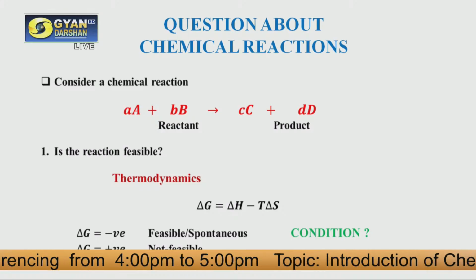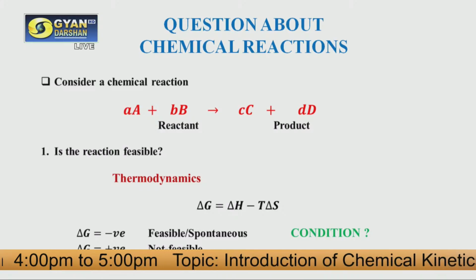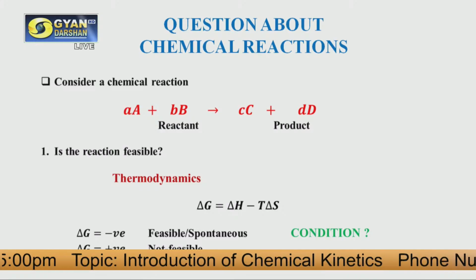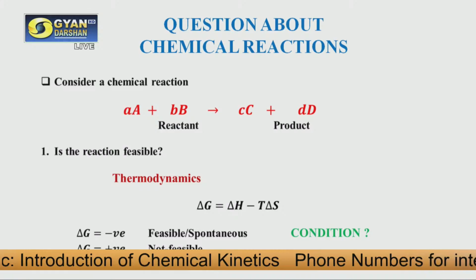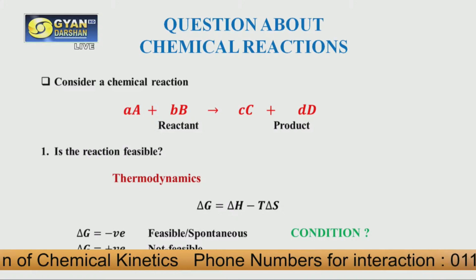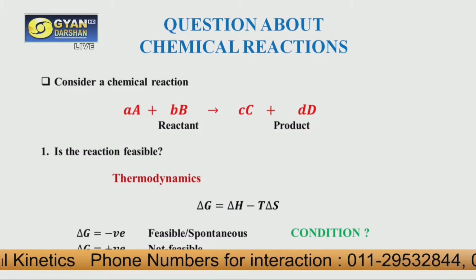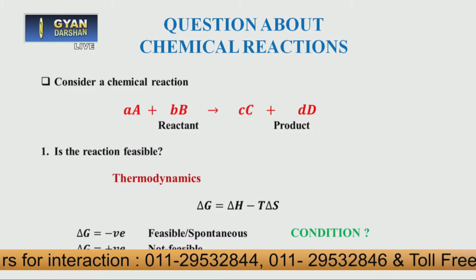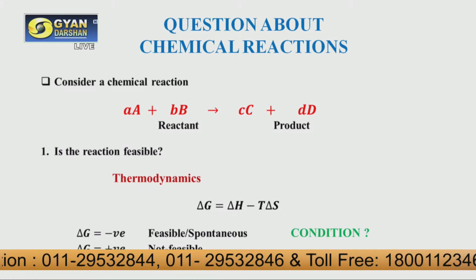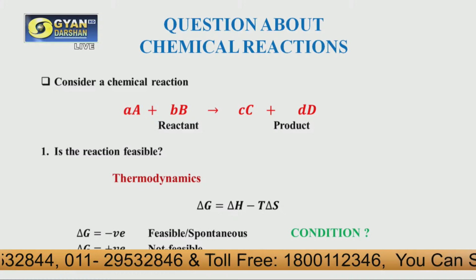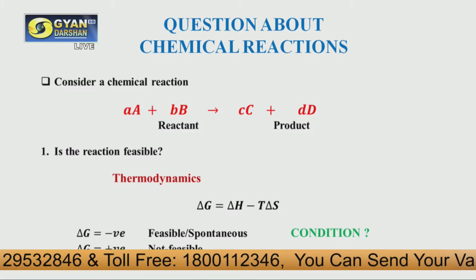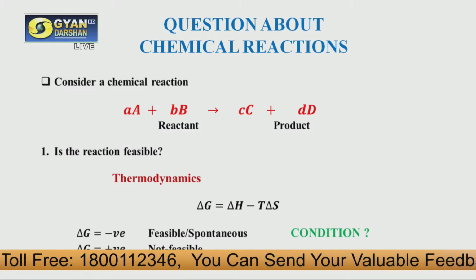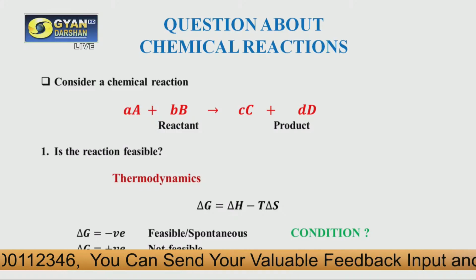So the first question that comes to our mind: is this reaction feasible? Will this reaction happen or not? Will it give the product or not? So we go back to thermodynamics. Thermodynamics says that the reaction will occur only when the Gibbs free energy is negative. What is the equation?